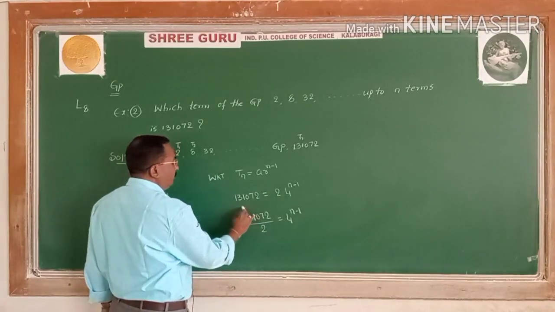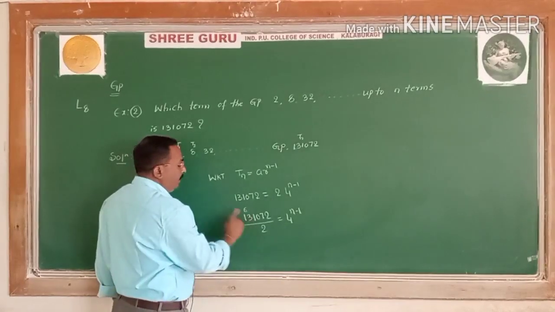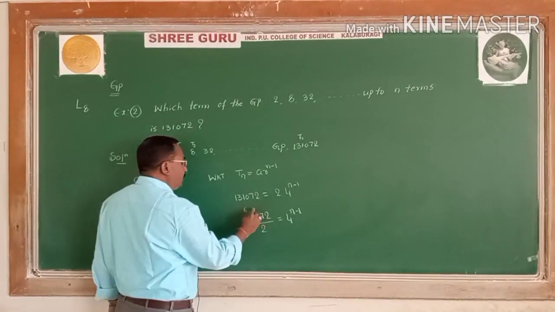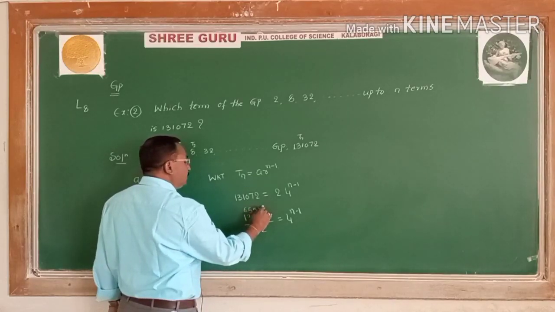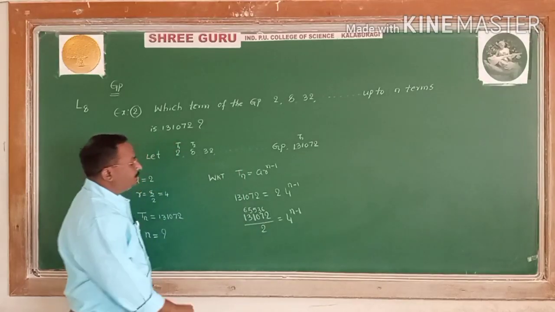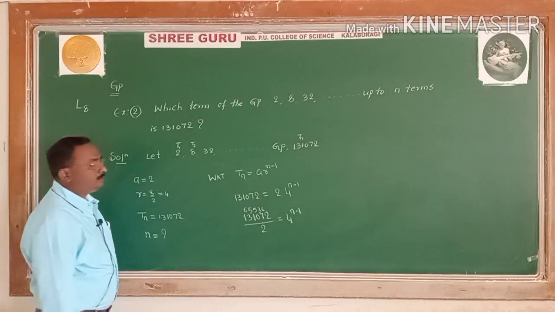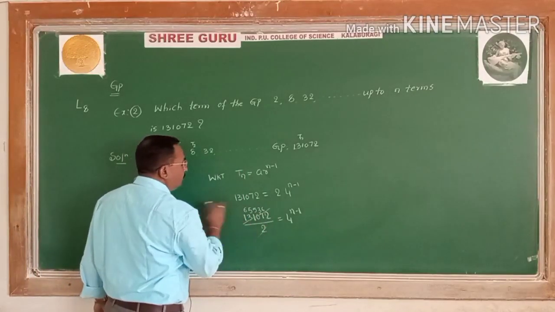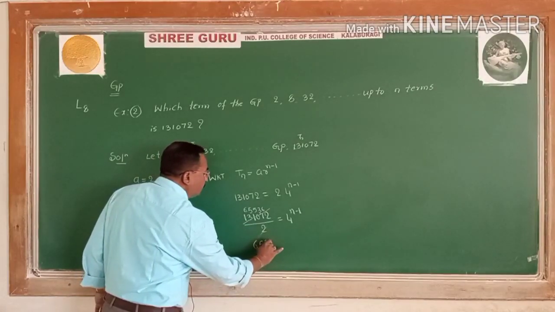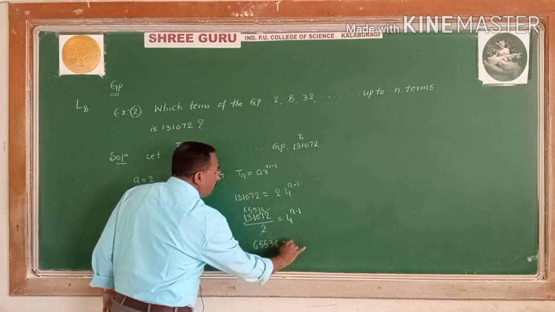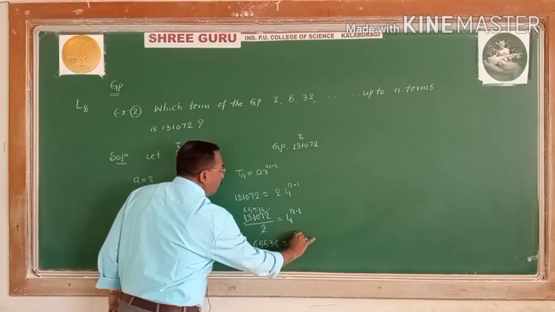2 6s are 12, remaining 1. 2 5s are 10, 2 3s are 6, 2 6s are 12. 536 is equal to 4 to the power n minus 1.